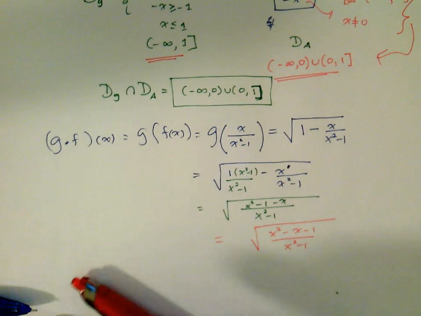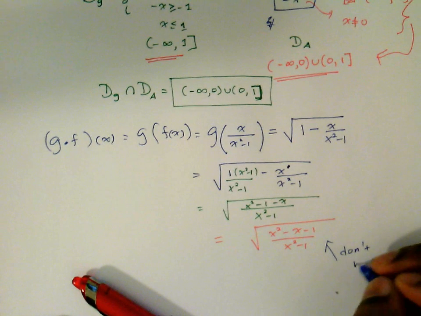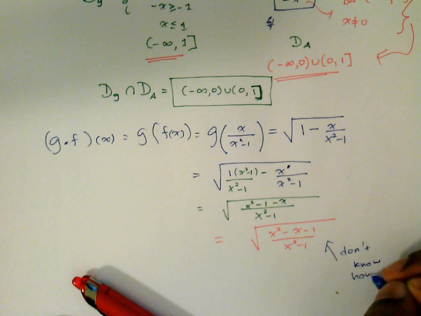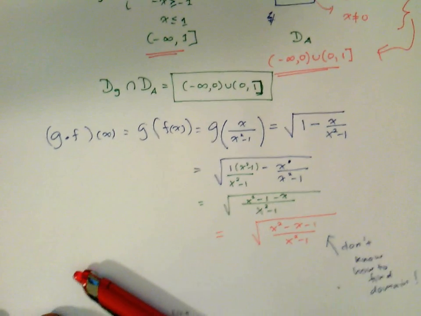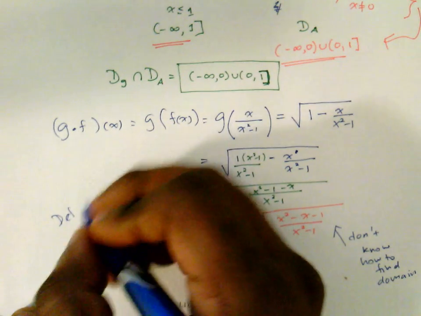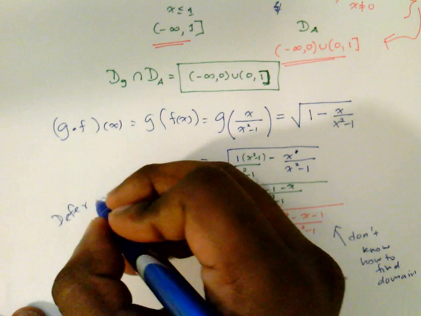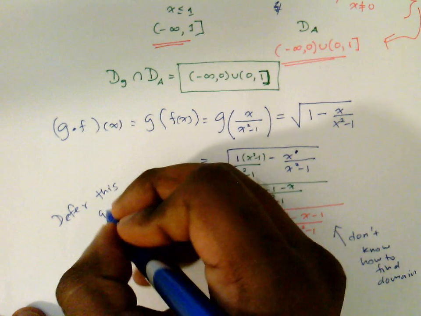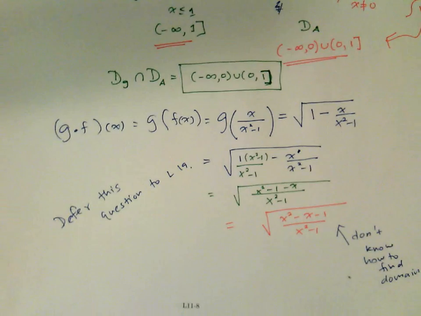Unfortunately, we don't know how to find the domain. So we can defer this question to lecture 19. This part, just this part. So some questions right now there are no way for you to know. Okay. Let's move on.